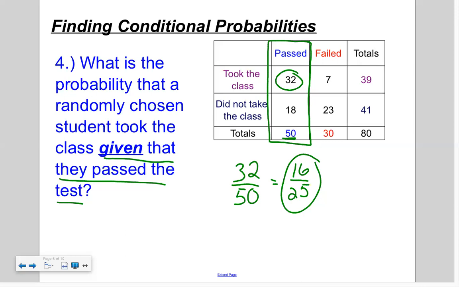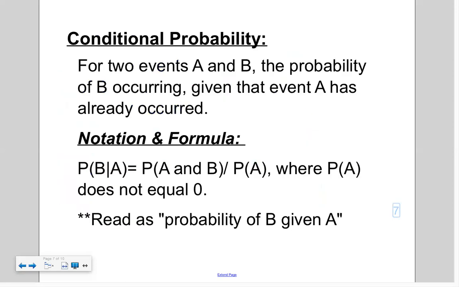It could be 0.8 is the probability of passing the class, and took the class, 0.8 of those people passed, 0.2 failed, and things like that, where all those percentages add up to 100%. And we're going to use some percentages to find the conditional probability on the next few slides. Now, we don't have a two-way frequency table, but we do have a formula.